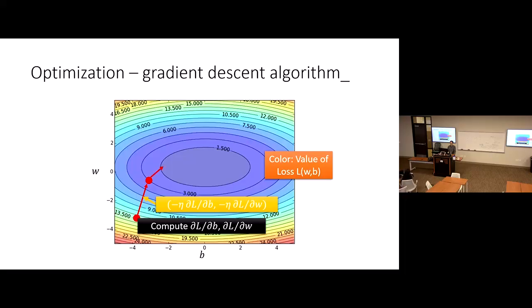You keep moving, and every step you recompute the slope or gradients with respect to all the dimensions, following the shortest path towards the center, where you have 1.5, which is much smaller than 13.5. So you stop here. There's no way you can move anymore.